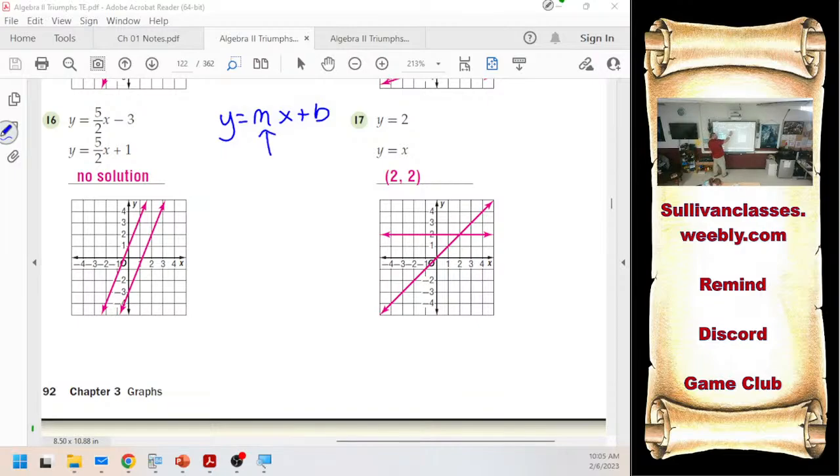What do I write for missing? For nothing? For ain't here? 0. So treat it like y is 0x plus 2. In which case, how do I turn this into a fraction? So I would start at 2. I would go up 0, right 1. Up 0, right 1. Up 0, right 1.